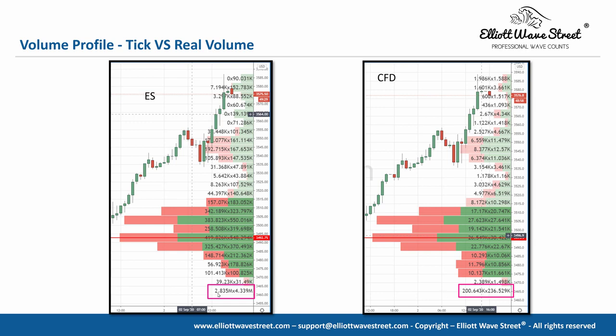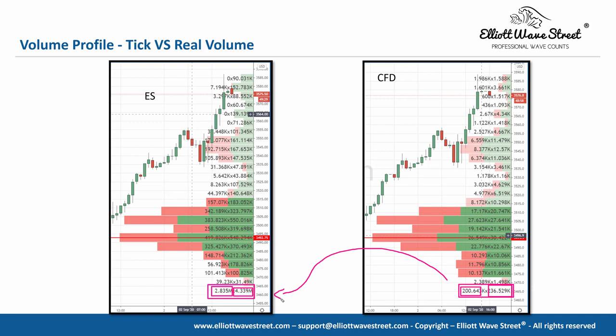The values are different. But here we have more what? We have fewer sellers and more buyers in total in the profile. And here we have what? Fewer sellers and more buyers. So you can see how this mimics the real volume really closely.